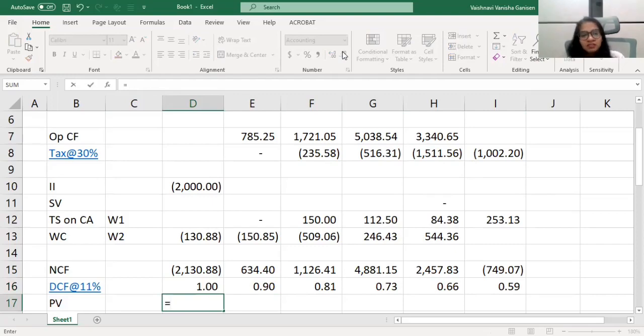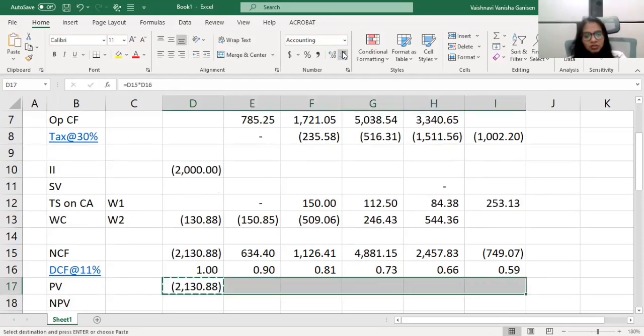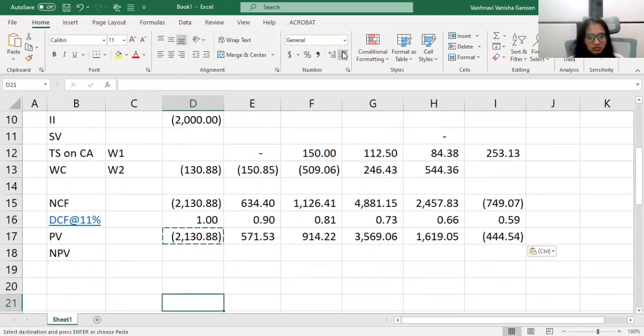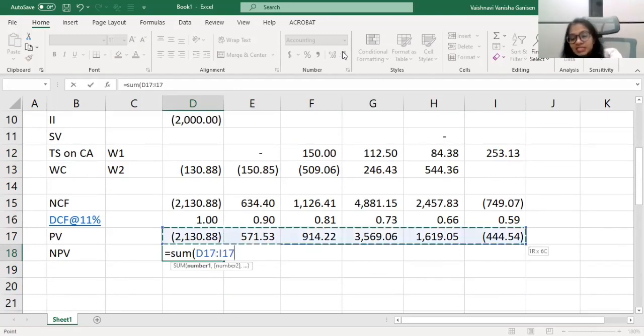Now to calculate PV, equals to net cash flow multiplied by discount factor. You copy, you paste it sideways, and you calculate your NPV, equals to SUM. You sum sideways all your present value of cash flow, you enter.